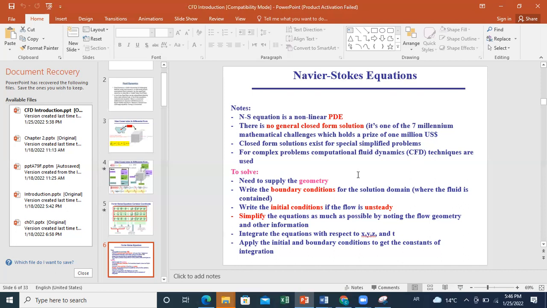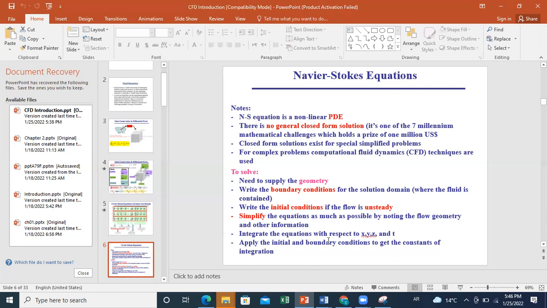In order to solve, we need to supply the geometry. We need to write the boundary conditions for the solution domain where the fluid is contained. We need to write the initial conditions if the flow is unsteady, as we already said. And we will try to simplify the equations as much as possible.